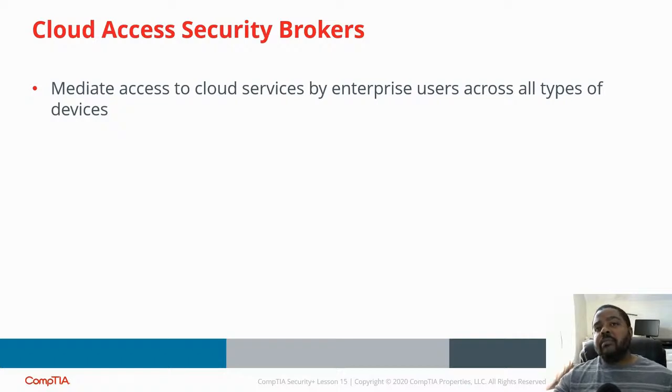Here's the thing: as security professionals in our work environment, we may have a set number of cloud providers that we work with, but that's not necessarily who all your users work with.